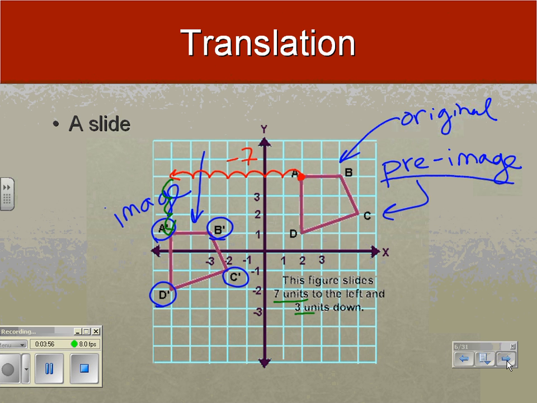So 7 to the left and 3 units downwards. You do the same thing with every single point. So let's look at point D. 7 to the left, and then 3 downwards, and you form D prime. On the EOG, the most common mistake I see is that students do not properly recognize which is the pre-image and which is the image to talk about how the original was translated to create the prime figure, the new figure.